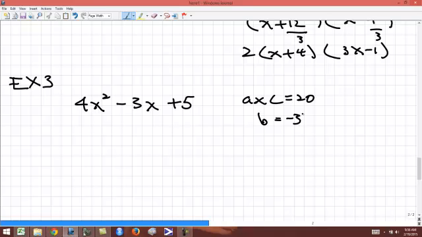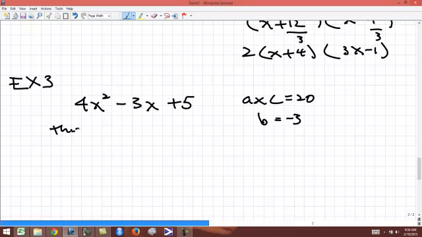But note that c is positive, so we have to use two negative factors here. Negative 20, negative 1, negative 10, negative 2, negative 4, negative 5, etc. Well, there's no way that two negative factors of 20 are going to combine to equal negative 3. It's impossible.